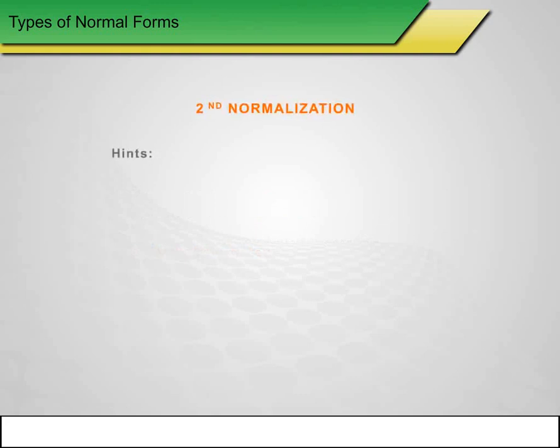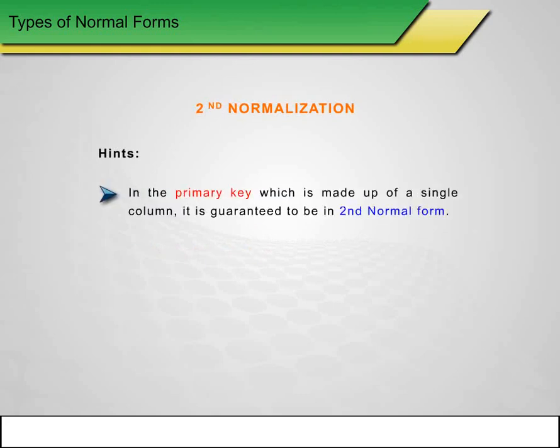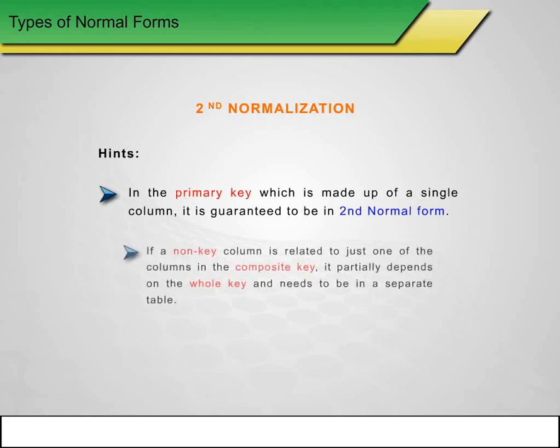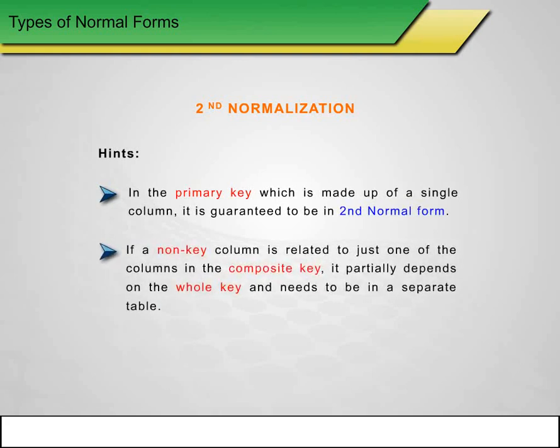Second normal form hints: a primary key made up of a single column is guaranteed to be in second normal form. If a non-key column is related to just one of the columns in the composite key, it partially depends on the key and needs to be in a separate table.